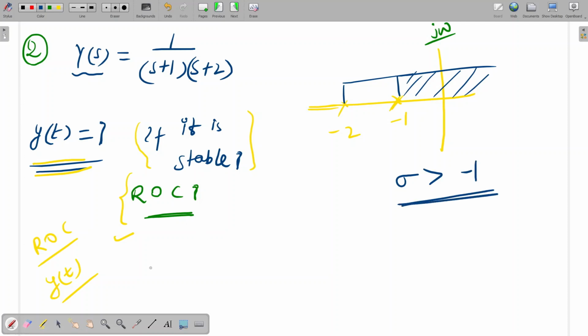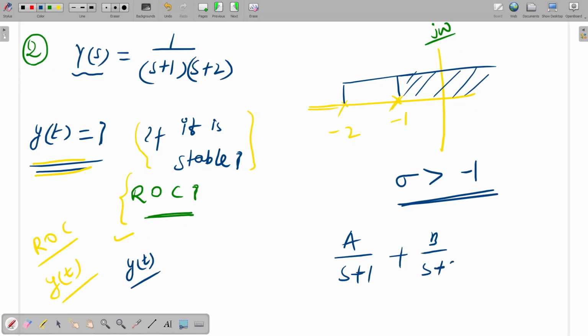What is the y of t value? E to the power minus t plus e to the power minus 2t? We write a by s plus 1 plus b by s plus 2. We get b equal to minus 1.